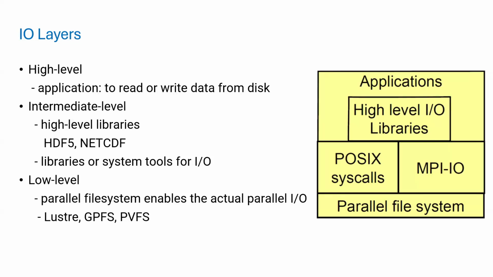That's what we'll talk about. The lower level is the parallel file system, which depends on what type of system you are using. For example, Lustre basically dominates in supercomputers, and this is also our cluster's file system, Lustre, where the systems are enabled for parallel I/O.